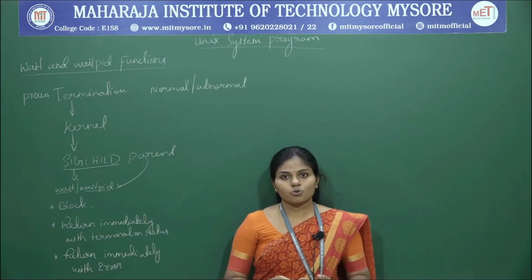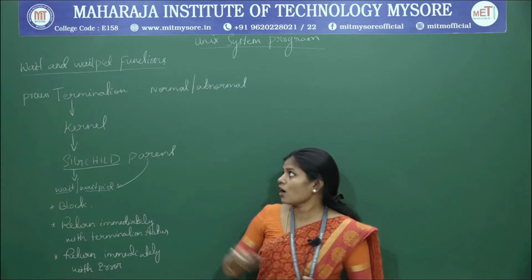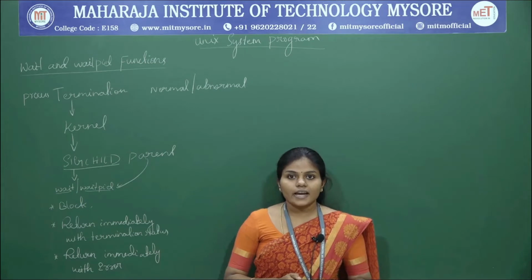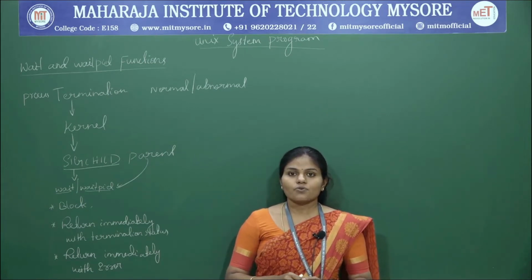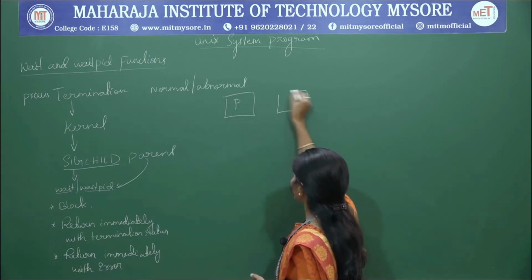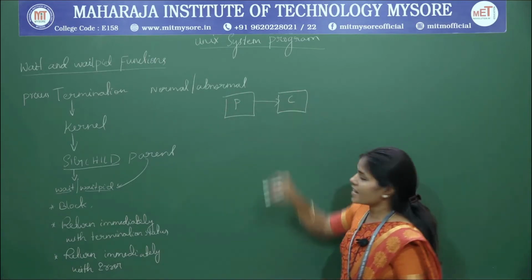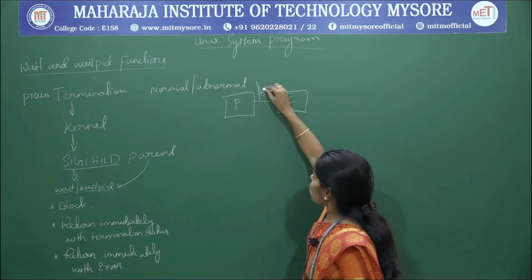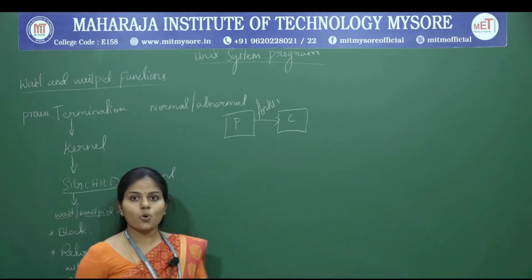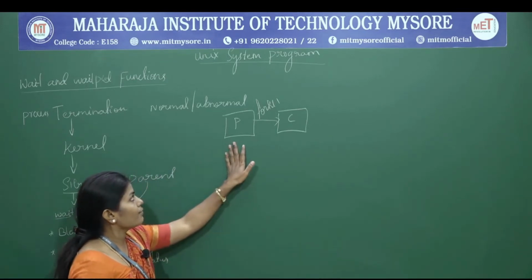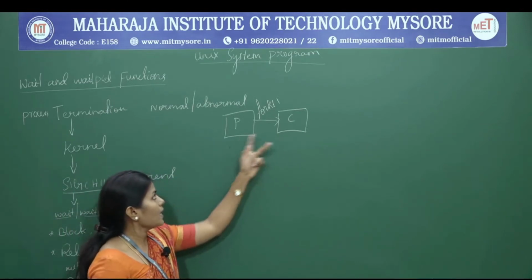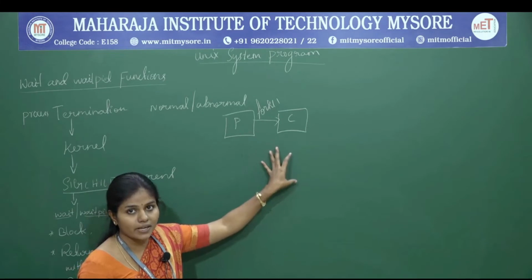What is the second advantage of using the wait and waitpid functions? We know that the parent is going to create the child by using the fork command or vfork command. Two things happen: when the parent creates the child using fork, the parent and the child work simultaneously.